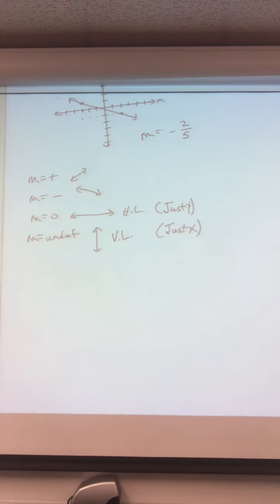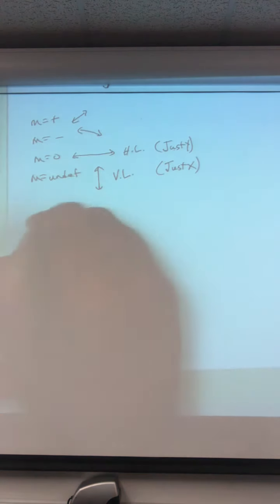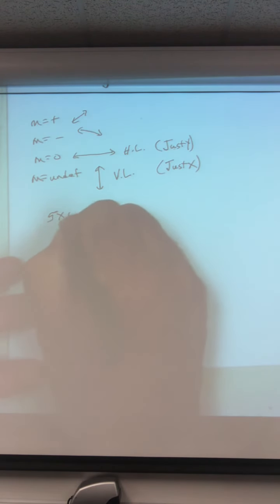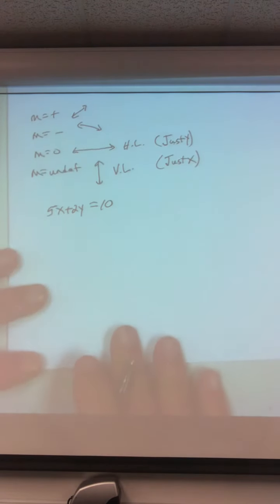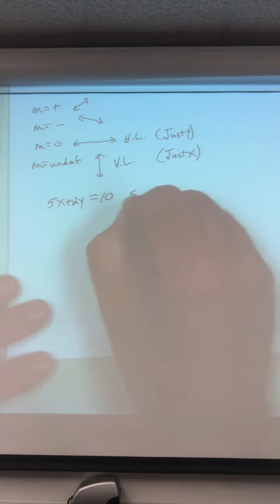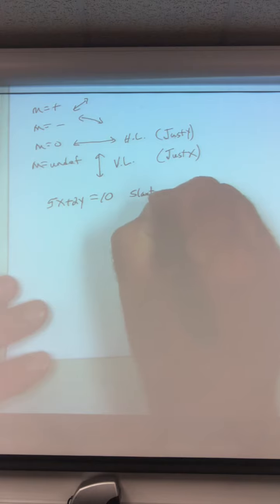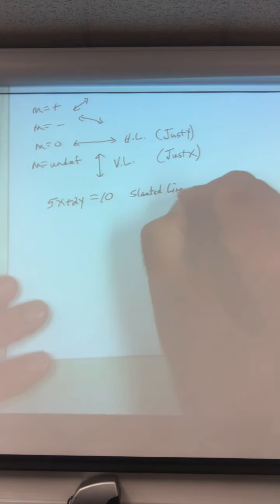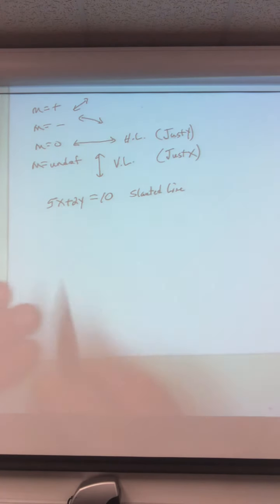Now, let's go back to what we were talking about earlier. First of all, know that this line right here is a slanted line. How do I know it's a slanted line? Because it has both an x and a y in it.